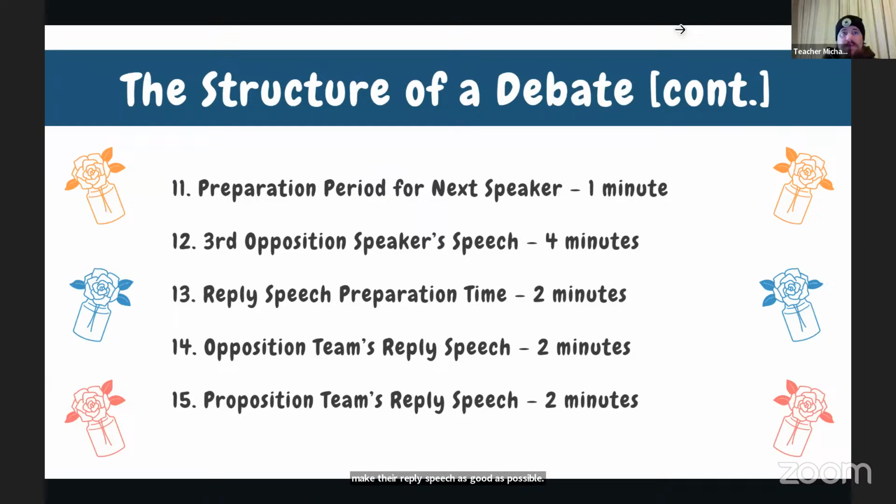So the reserves are allowed to interact during this preparation period, but during the substantives, they're not allowed to say a word. After the reply speech preparation time, we then have the opposition team's reply speech, remembering they go first. And then we have the proposition team's reply speech.